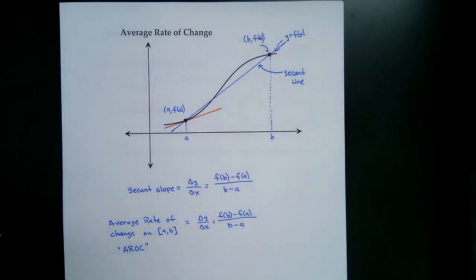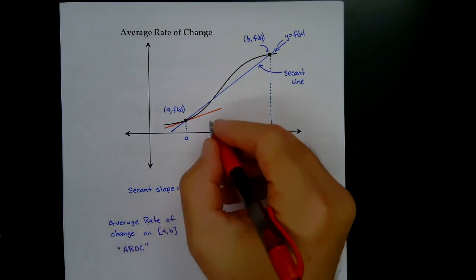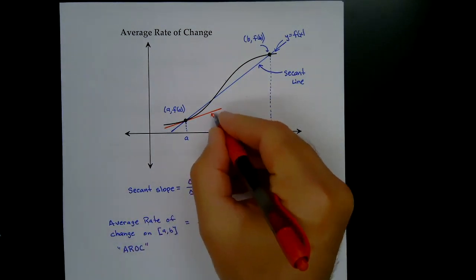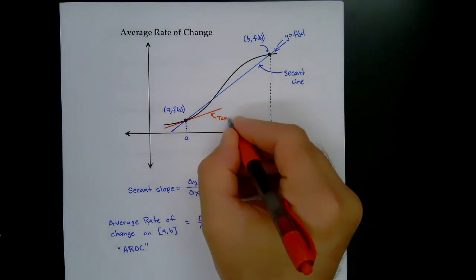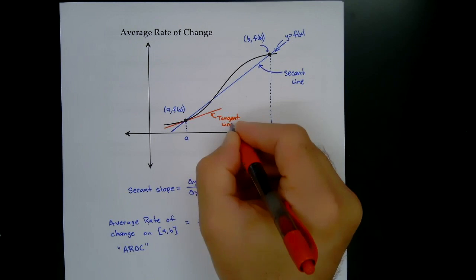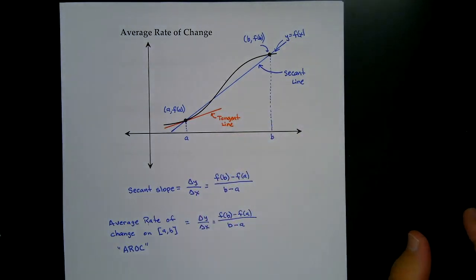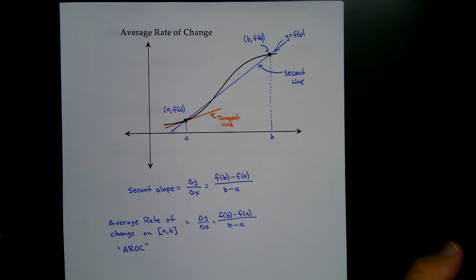It's just barely touching the curve at 1 point only, and this is called the tangent line. This is going to be really important in calculus. We're going to spend the whole first semester figuring out this tangent line. Basically, that's it, and it tells us stuff about the function.